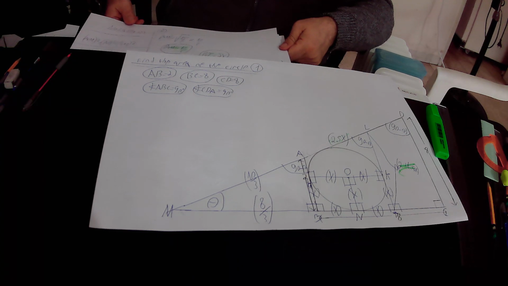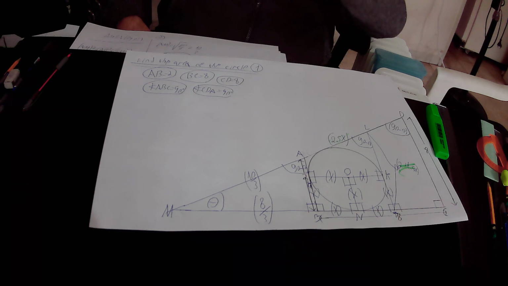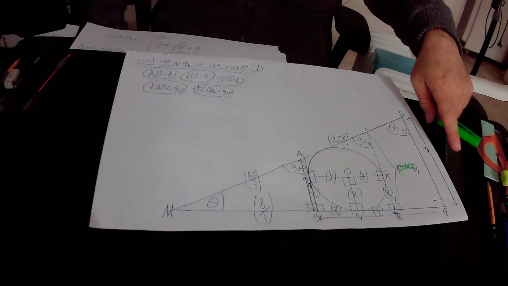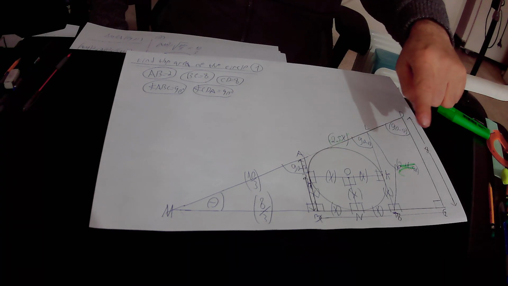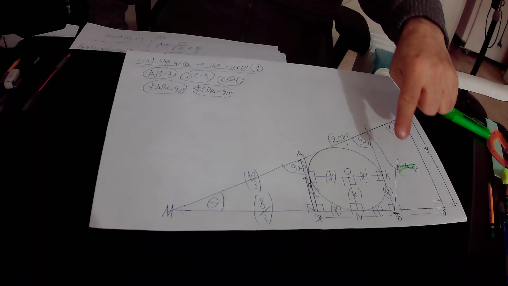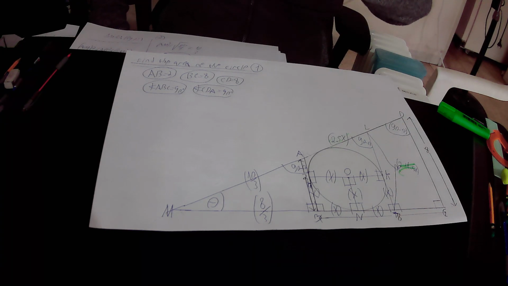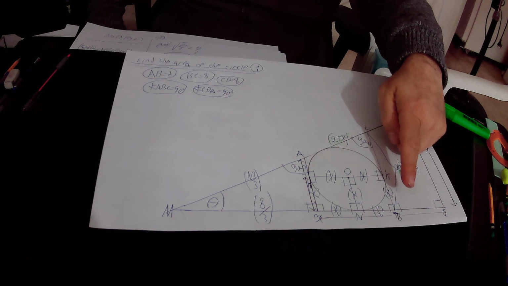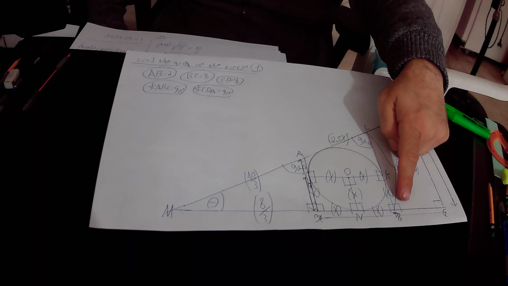Then we did another construction, that is to say, we drew a perpendicular on side BC in such a way that the perpendicular on BC will also be tangent to this circle. Okay, so actually this angle equals 90 degrees and this angle equals 90 degrees according to our construction.